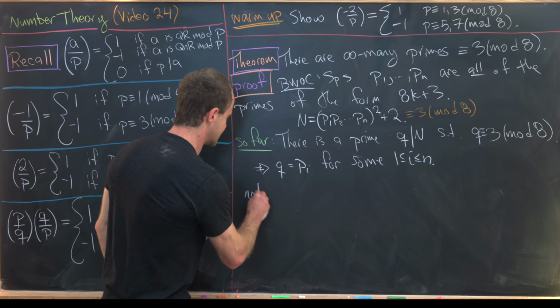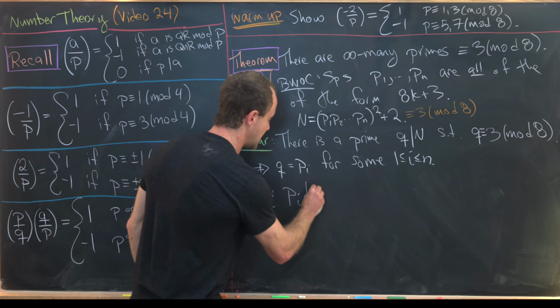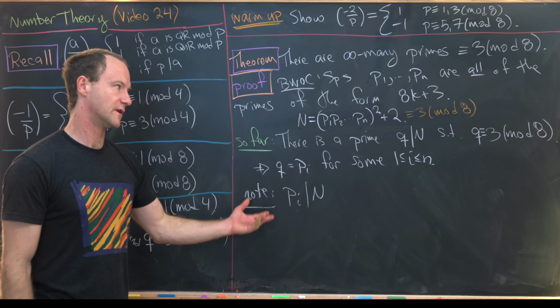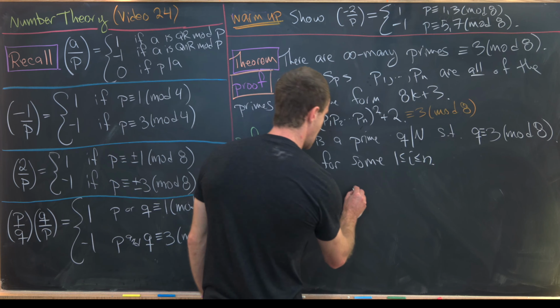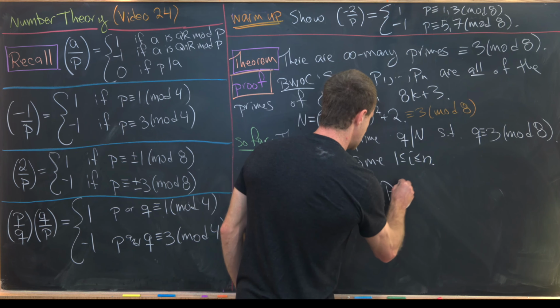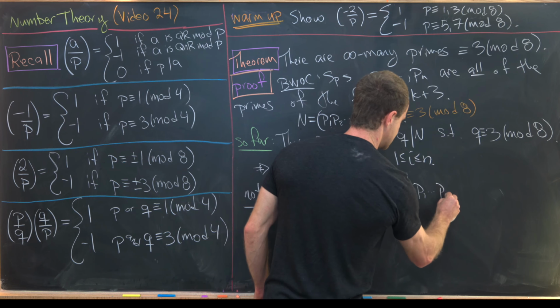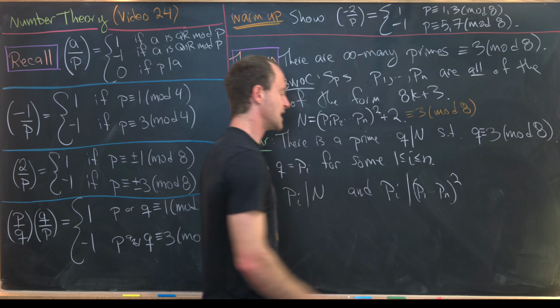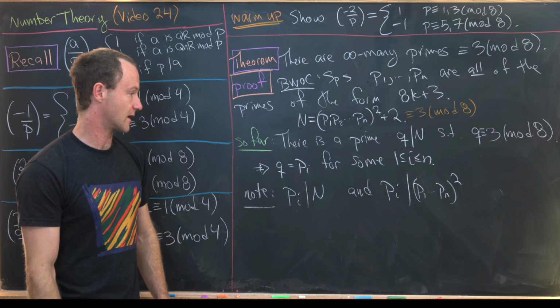So now let's notice these two facts. Pi divides n. That's because Q is equal to Pi, and we said that Q divided n. And Pi divides this number right here, P1 up to Pn squared. That's pretty clear because Pi is one of the factors in there.